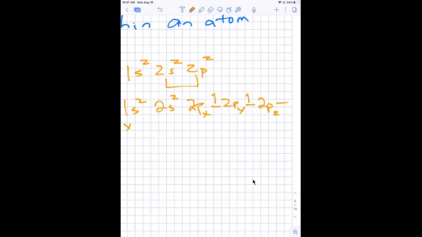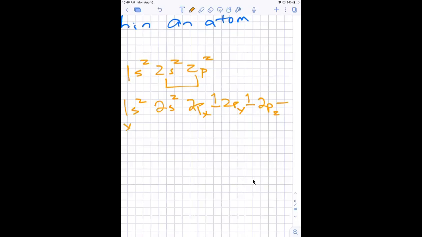So in theory, if I look at carbon, and this is the electron configuration, how many bonds should it be able to make in theory, if bonds only happen between orbitals that have unpaired electrons? Because 2s2, both of those electrons are tied up.